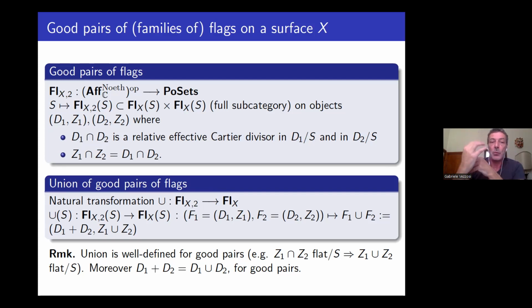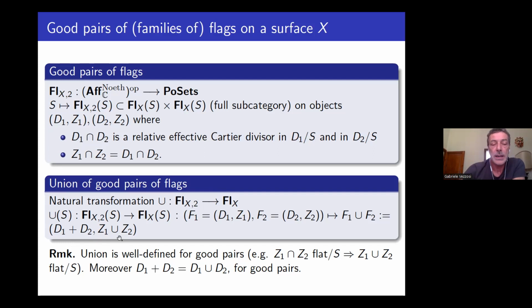And then with these conditions, we can define the union of these good pairs of flags, which is just what you would expect. So the union of (D1, Z1) and (D2, Z2) is just the sum at the Cartier divisor part, and the union at the points part.